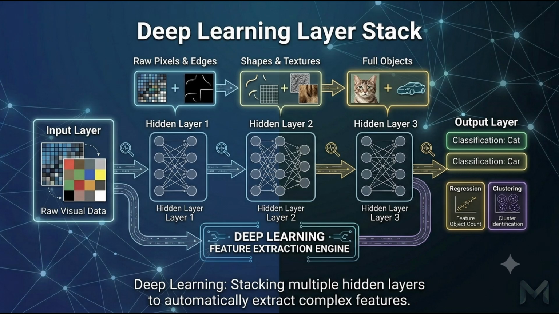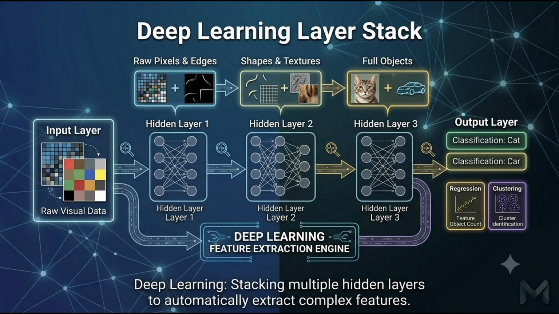The connections between these neurons act like volume knobs. We call them weights. As data flows through the network, each neuron evaluates the incoming signals. If the total signal clears a specific threshold, the neuron fires, passing its information forward.